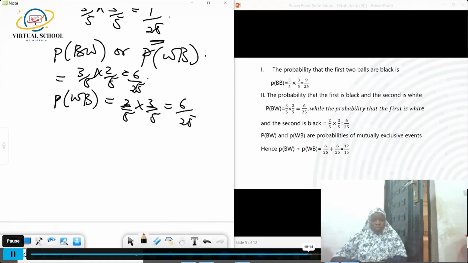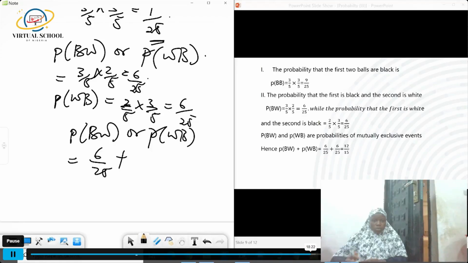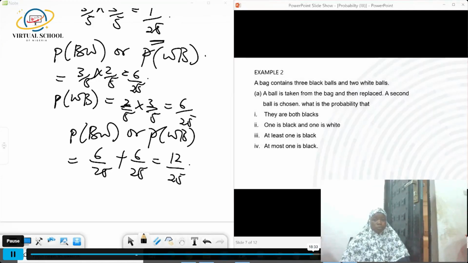So I'll have P black white or P white black will give me what? 6/25 plus 6/25, which is equal to 12/25. So that is the probability of picking one is black and the other is what? White.